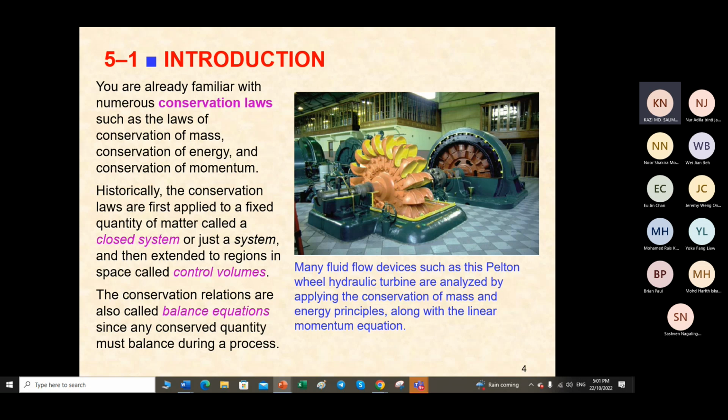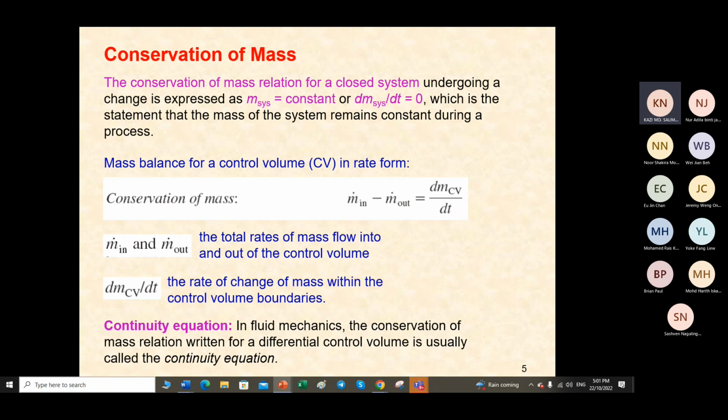So we move on further. For the conservation of mass, if we consider a system or a control volume, then mass in minus mass out is equal to the change of system mass in the control volume, dm_CV by dt.